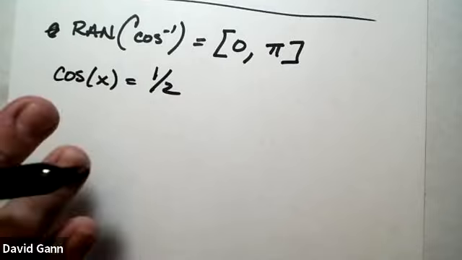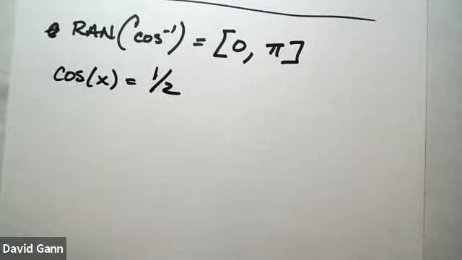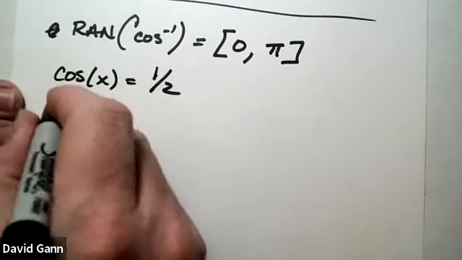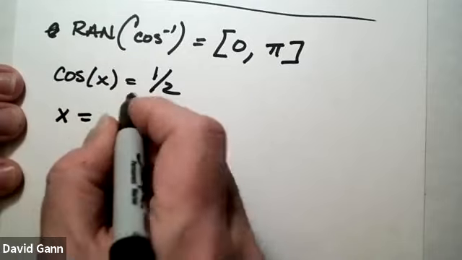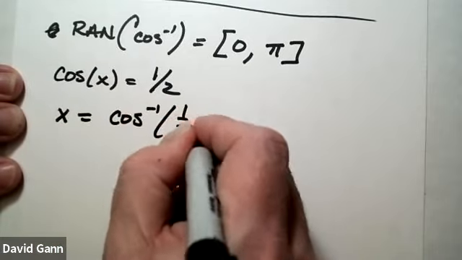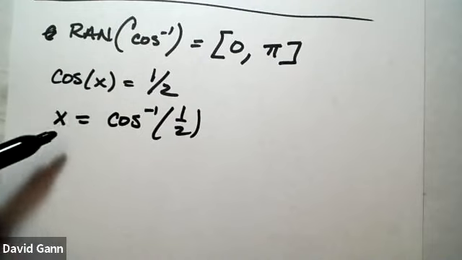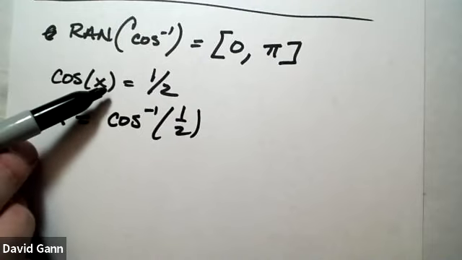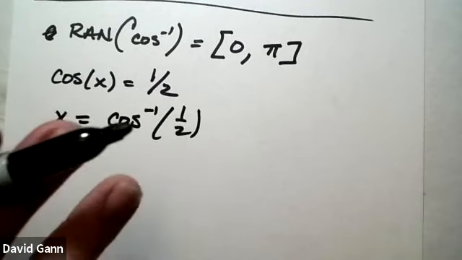To find x, if we take the inverse cosine of both sides, that will give us one answer: x is the inverse cosine of 1/2. That's one solution, and this is what we call the principal root. In fact, this is the same for any trig function. Whatever the trig function is, the inverse trig of the known value is always the principal root.